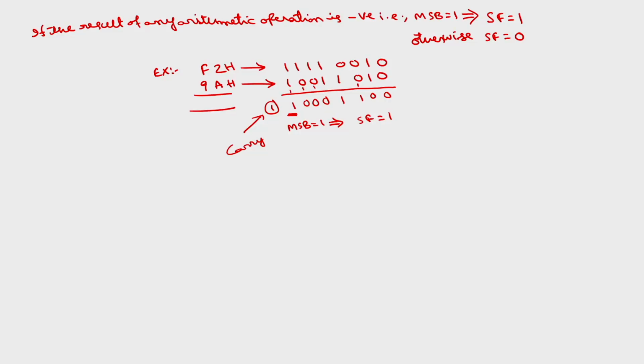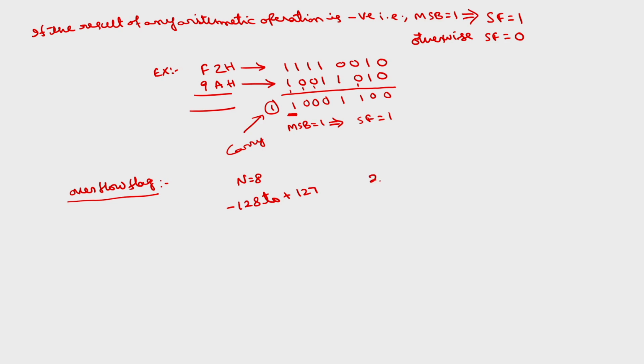Now, coming to the last conditional flag, which is the overflow flag. If the result of any arithmetic operation is outside the range of the signed 2's complement number, as I have given the range for 8 bit numbers, if n is equal to 8, I have given minus 128 to plus 127.